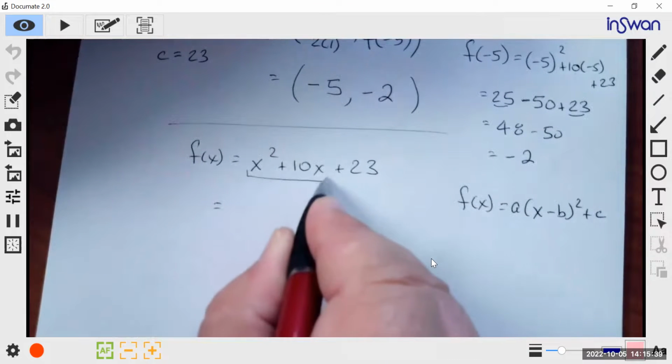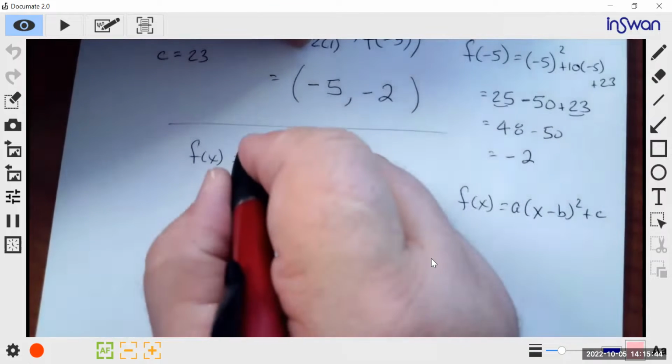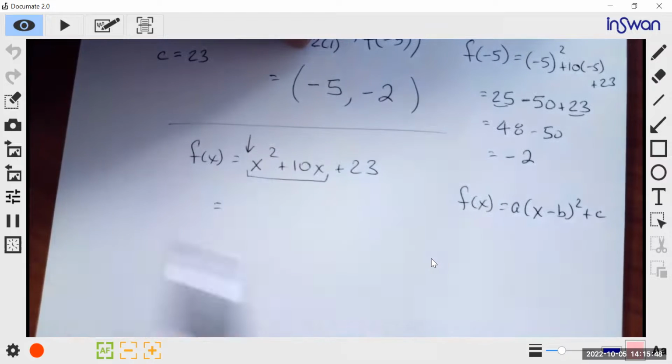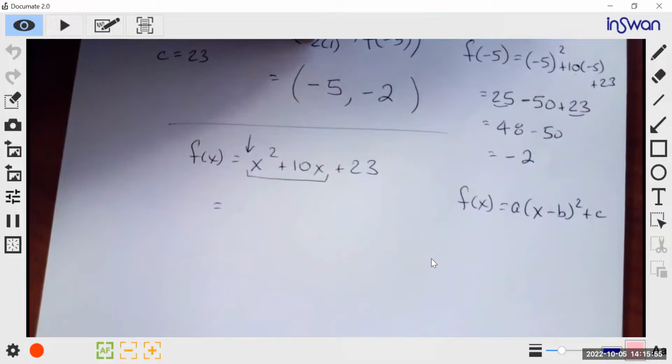Take the first two terms, the x values. Remember, it has to be a 1. If there's not a 1 there, we have to factor it out. If it's a 2, we have to divide everybody by 2, and that's going to be our coefficient.